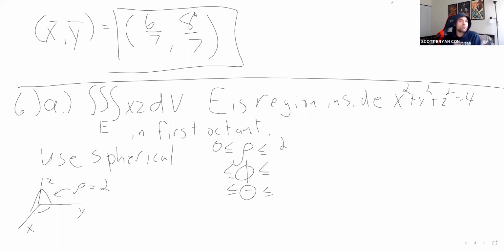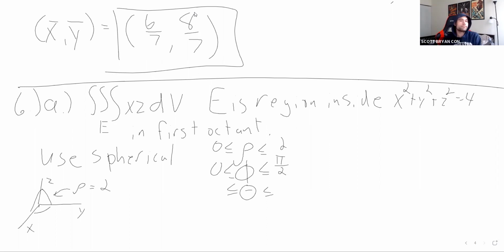Phi goes from what to what? So we have the positive z-axis. That's phi equals 0. And then we go down until we hit the xy plane. That's the largest angle we make with the positive z-axis. That goes from 0, and then the xy plane is phi equals pi over 2.